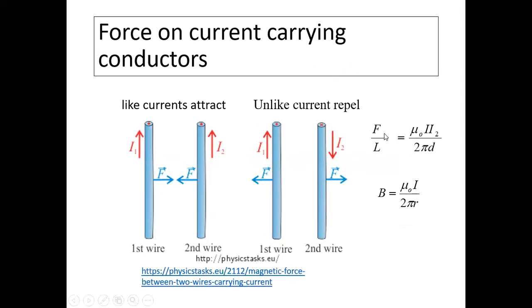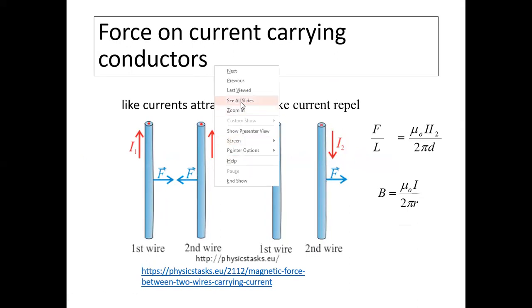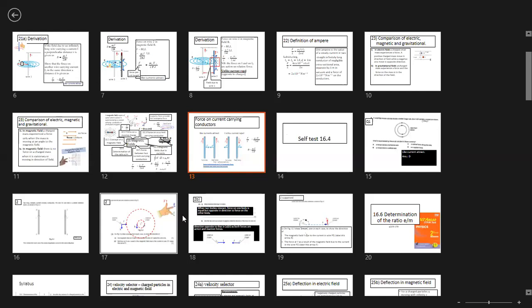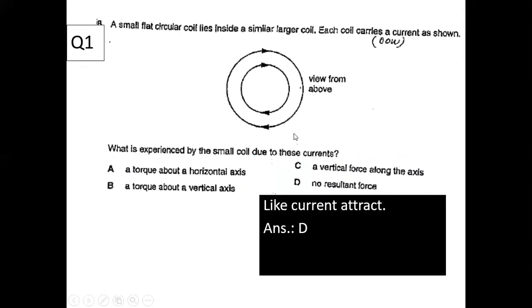We are just using this formula. If the currents are in the same direction, there's an attractive force between them. So in this circle, all around, there are attractive forces. If you look horizontally, between these two, there's an attractive force.